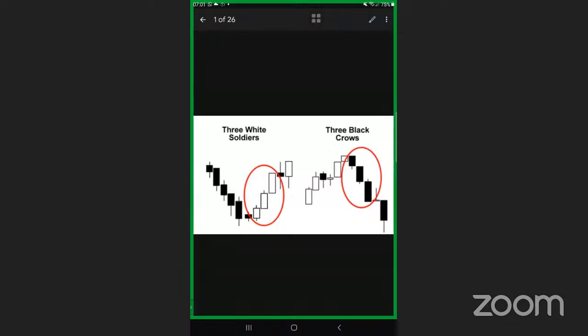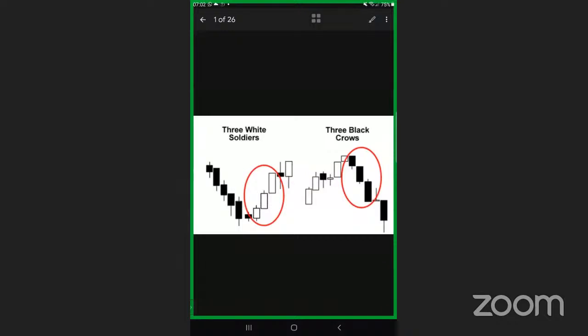So let us look at a chart pattern called the 3 white soldiers. That's what we are going to look at, and then we are going to conclude here.